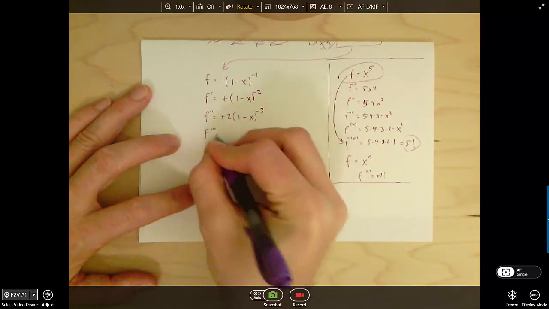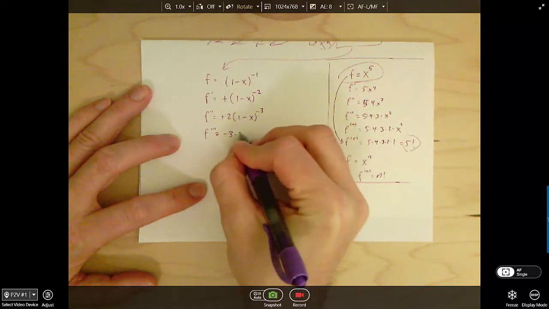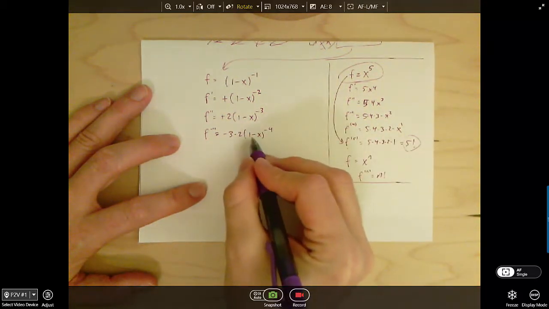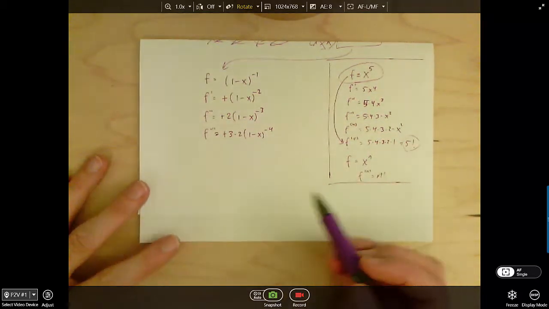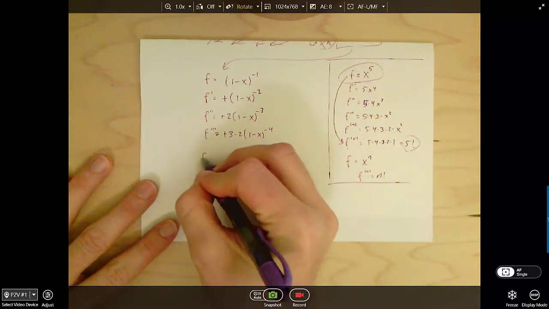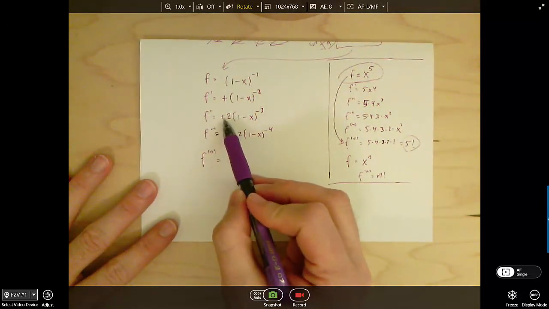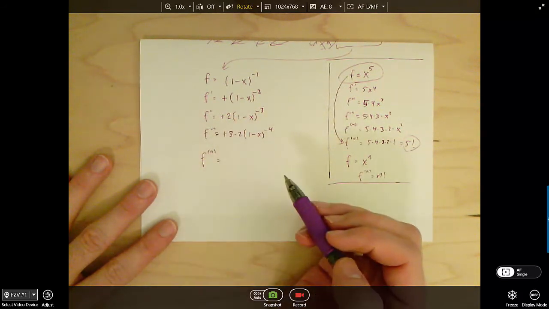So for the third derivative, I hope you're spotting a pattern here. The -3 comes down. And this is -4. Chain rule, that becomes positive. So it looks like I'm ready to jump to the nth derivative. When I had the second derivative, it was 2 factorial for a coefficient. The third derivative has 3 factorial for a coefficient.